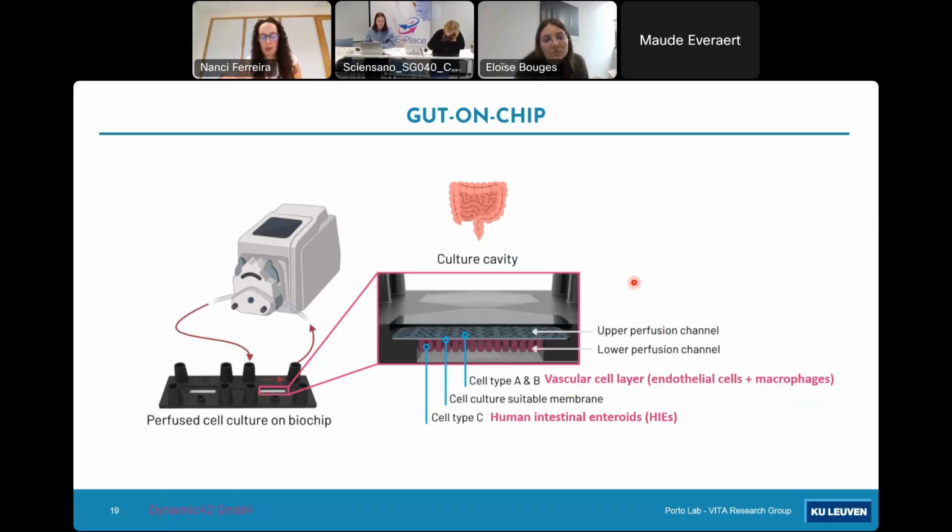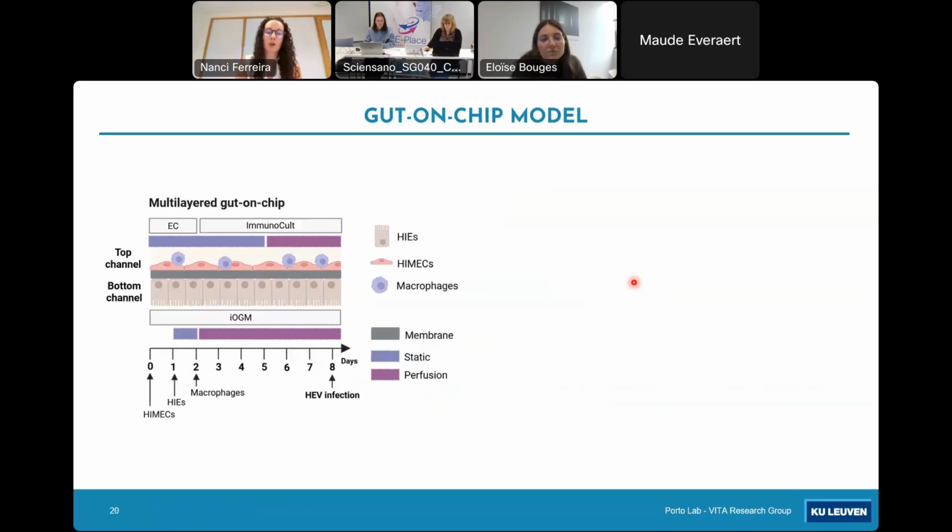With this gut-on-chip, we are combining the benefit of having this dynamic culture with the complexity of the organoids, and this will allow us to study, for example, dissemination of HEV beyond the gut. Does it infect the endothelial cell layer or not? These are all facts that we don't know yet. As you can see here, we have the timing and also the layers that are in each chamber.